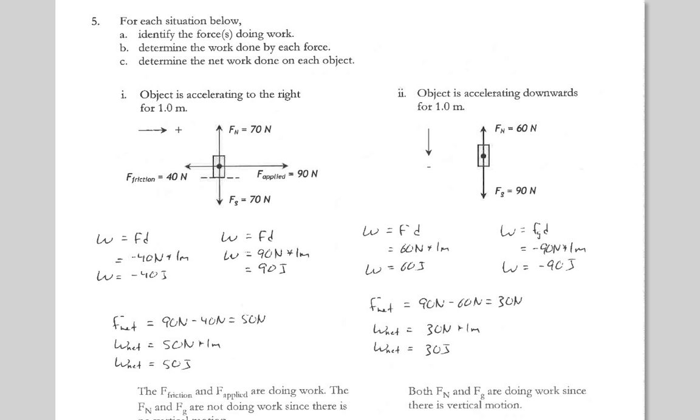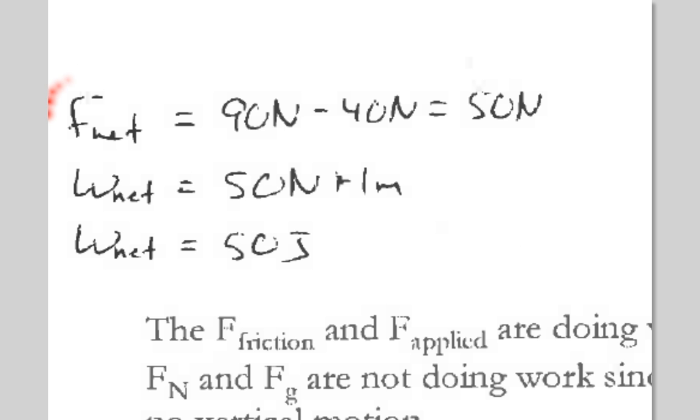Okay, so I'll use my pointer instead of my hand. This negative 40 joules, where are they getting that from? The displacement is 1 meter. What is this negative 40 joules? Is that the work done by which force? Friction. And the work done by the applied force. And then you can see here a net force calculation with, look at this. They figure out F net, 50, and then the work, the net work, is the net force times the 1 meter.